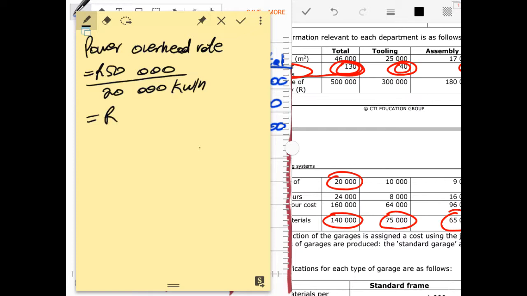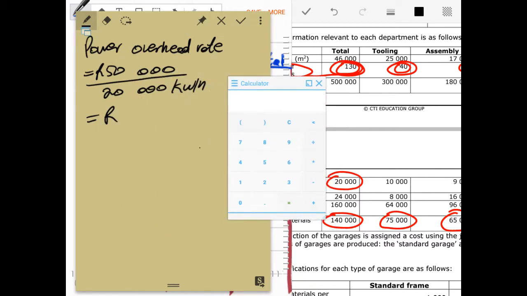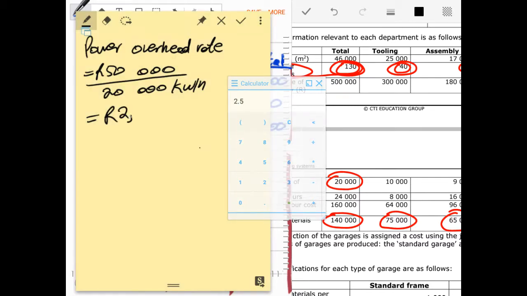We take our calculator and say 50,000 divided by 20,000 kilowatts. That gives us R2.50 per kilowatt per hour.